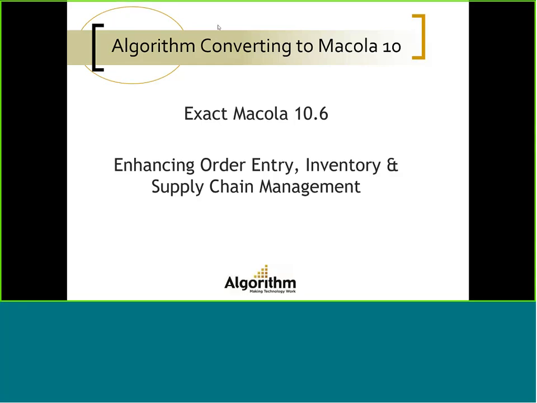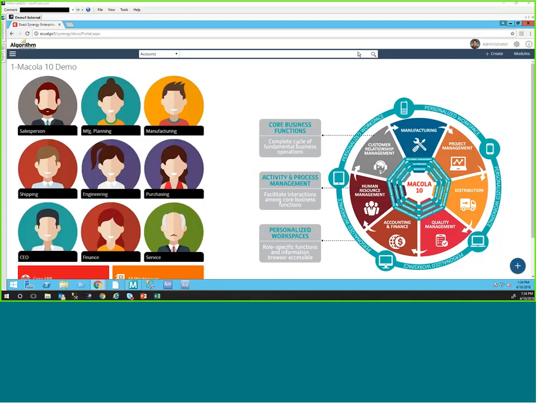So from a Macola 10 perspective, this is what a Macola 10 main screen would look like. There are a couple of different ways to approach this. So you end up with a lot more options when it comes to Macola 10 versus, say, Macola ES or Progression.